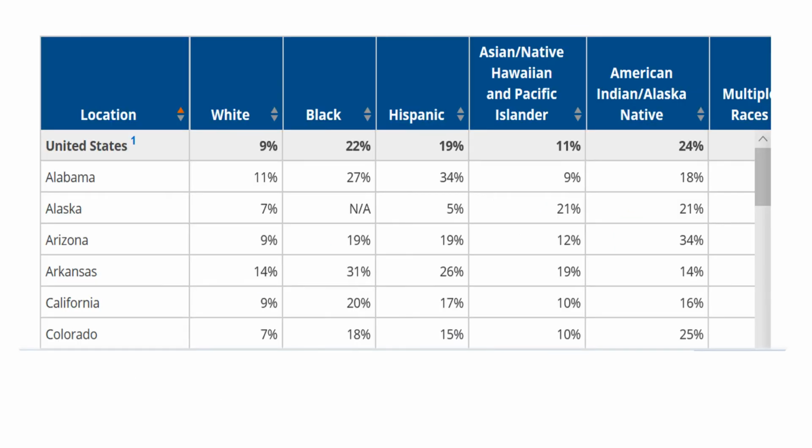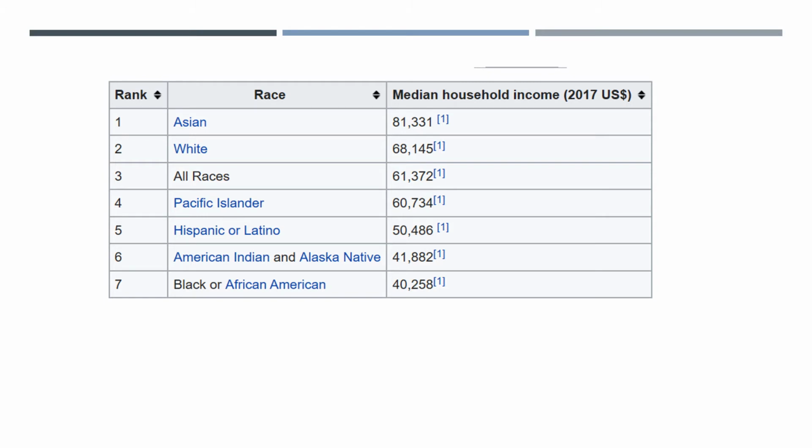So, as you can see from here, a higher percentage of Native Americans in almost each state live in poverty. And as you can see from here, the median household income is relatively low for American Indians or Native Americans.